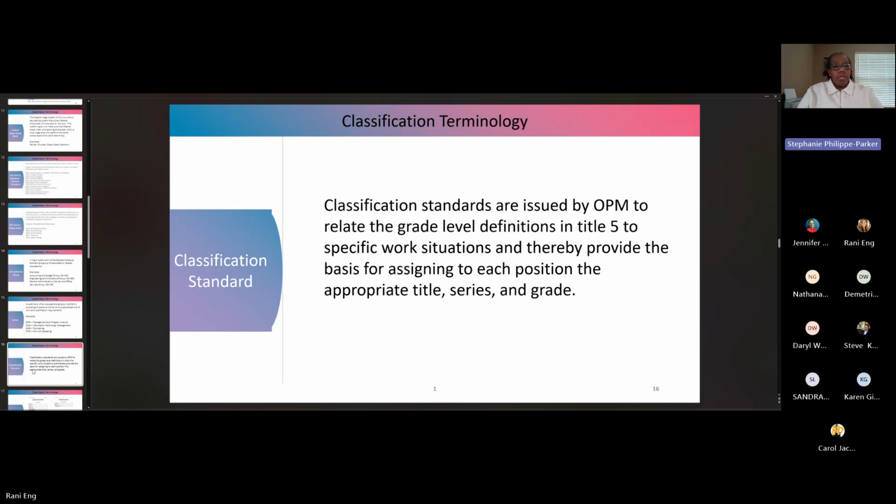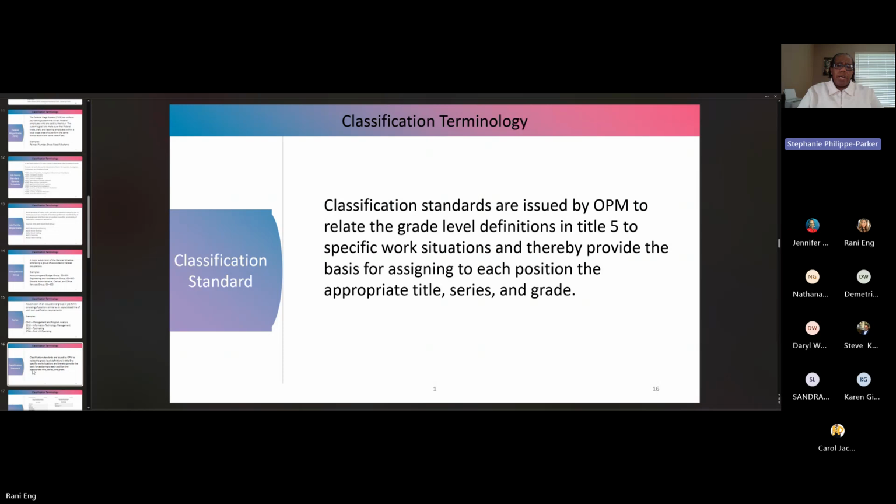For both general schedule and wage grade positions, OPM has a large list of classification standards to be used. They are series dependent, which means that once an appropriate series has been determined for a position, we locate that associated classification standard and follow those specific guidelines to then evaluate and determine the grade for that position.